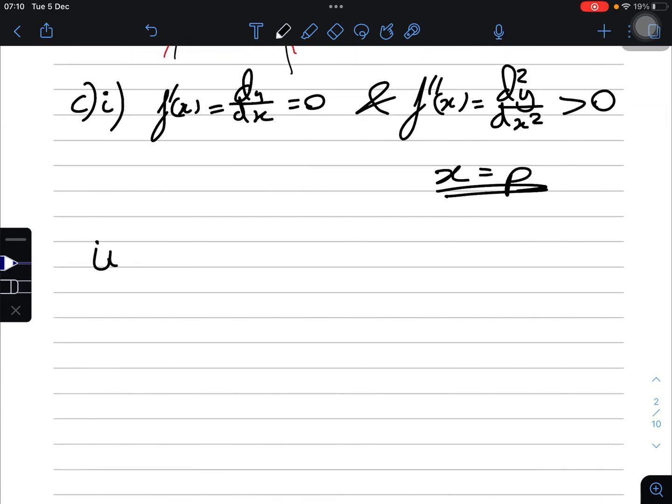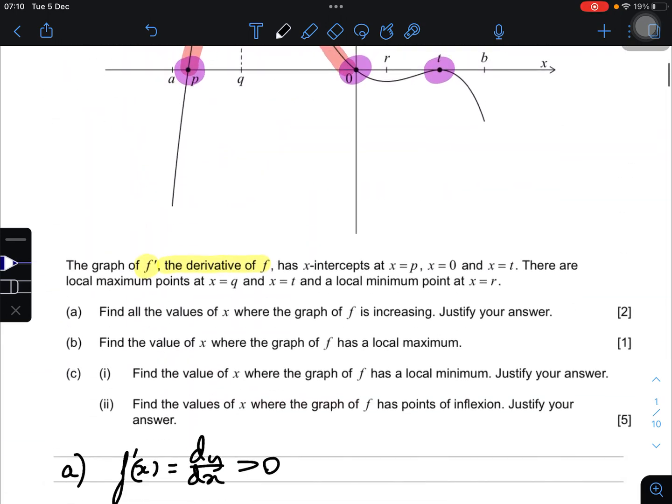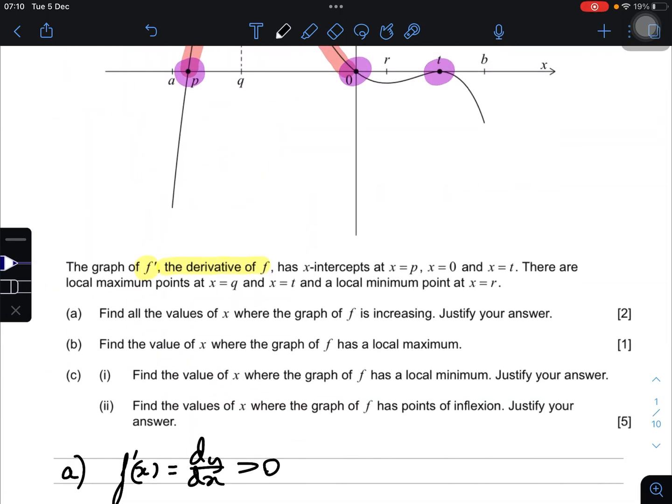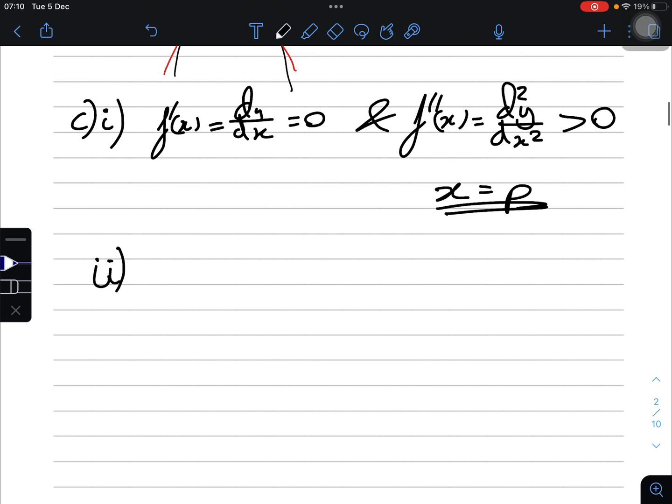Okay, and the second part here, this is almost the easy one. Inflection points. So inflection point means that we have the second order differential equal to 0, and that implies an inflection point.